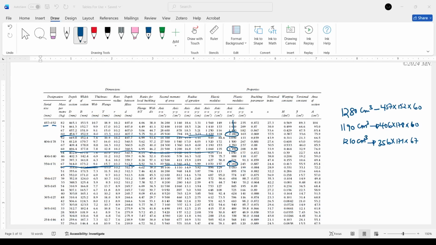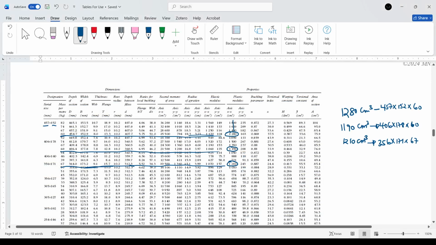The section that we selected, what is its flange thickness? We have taken 1190, this one. So the flange thickness T will be 12.8. I don't know if you're seeing that in your end. I believe so. T, flange thickness T, 12.8.